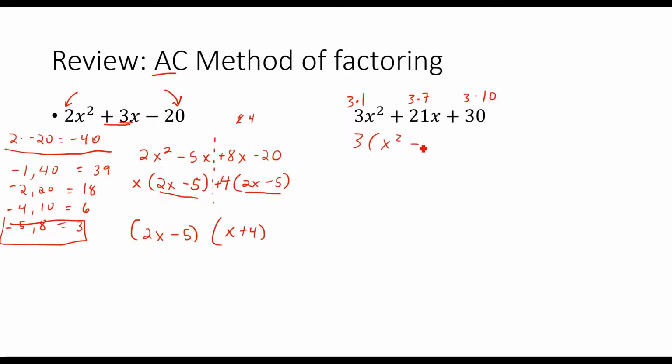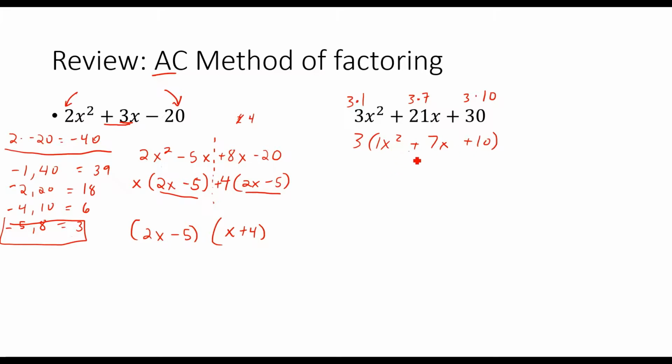We have x squared plus 7x plus 10. Now we have a 1 right here, meaning that we can use the regular version of factoring. But just for the sake of it, I'm going to go ahead and use the AC method on the inside of this parentheses.